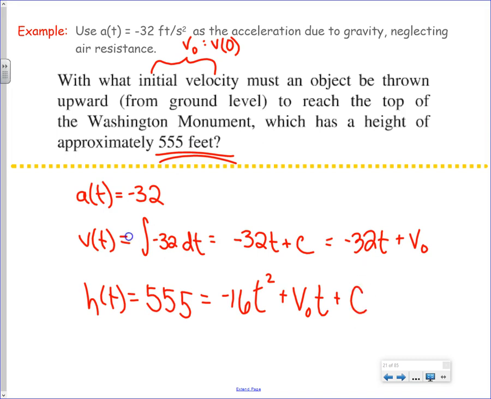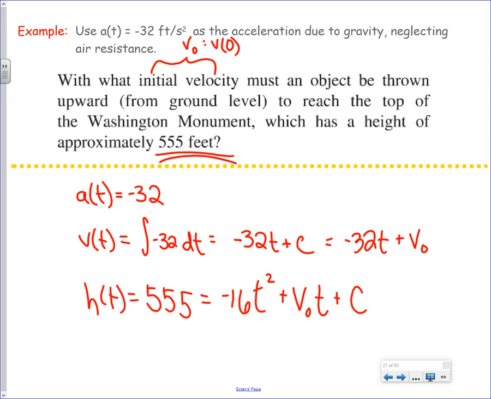Plus c is going to be the initial height. When time is 0, the height is going to be the plus c. So hold on. 555 isn't where it starts though. If it was being dropped from the top of the Washington Monument, then the c would be 555.